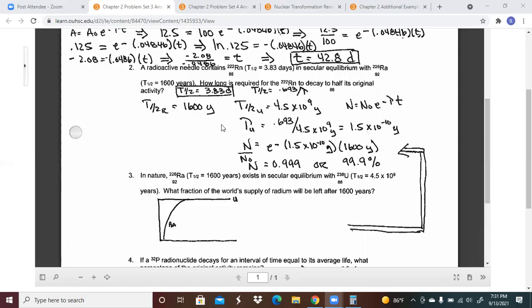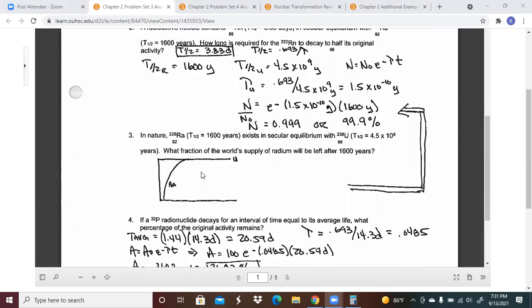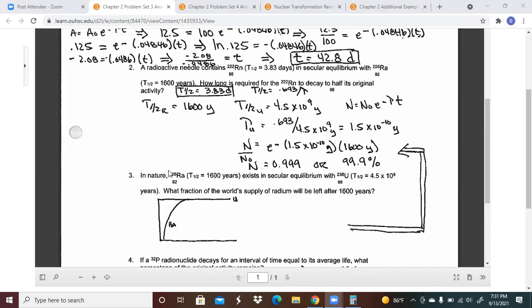But we have problem 3 here. And a lot of this information here is going to be solving this particular problem. So the one thing I want you to remember here regarding secular equilibrium, secular equilibrium has graphs that look like this, with the parent nuclei up here and the daughter nuclei coming up and approximating it.